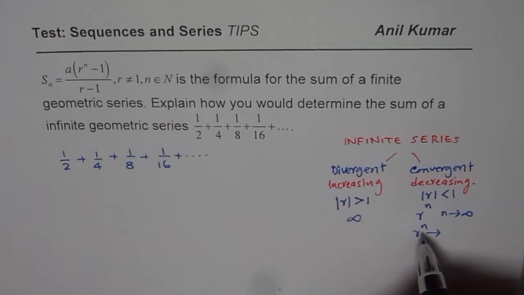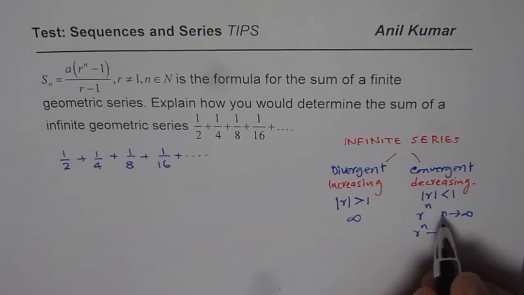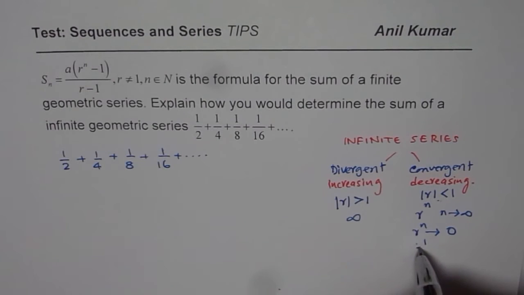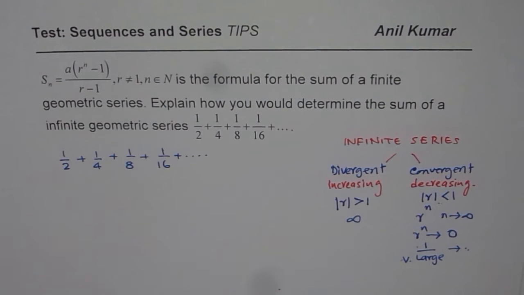If I have r as a smaller number, let us say half, then less than 1, it approaches 0. It becomes smaller and smaller, and approaches 0 if r is less than 1. One divided by a very large number will be a very small number. So that is the concept.